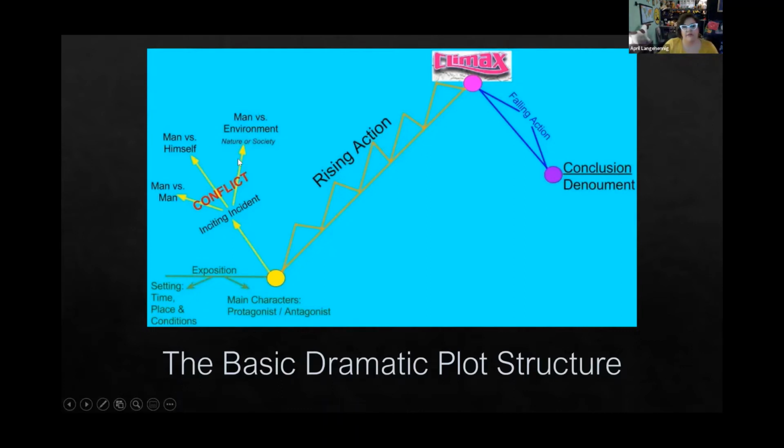Now, the environment can be nature itself, in things like Bird Box or that sort of stuff, where nature is trying to get you, or there's going to be a big storm. Or also society as a whole, whether it is gangs or war or politics or family belief systems.